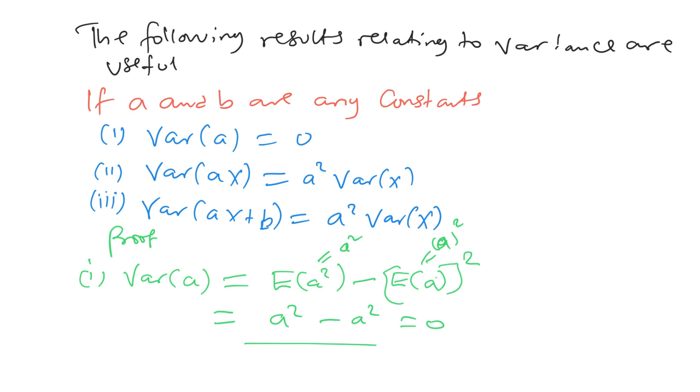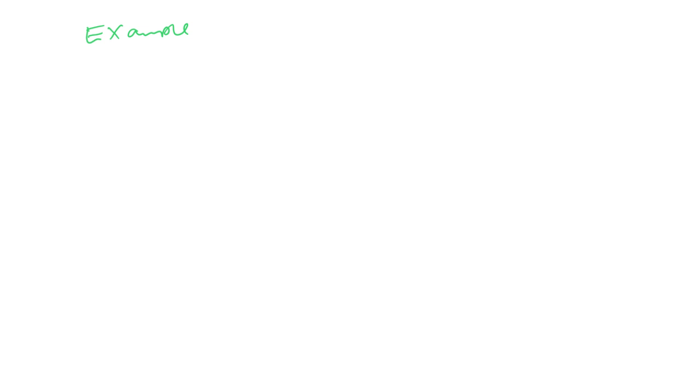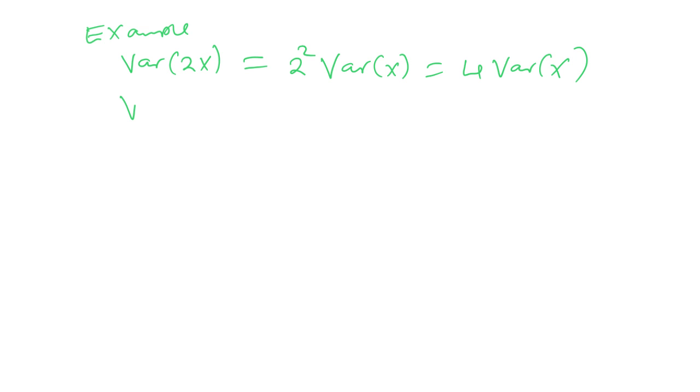Okay, an example concerning what we have just discussed. If you are required to calculate the variance of 2 times the variable, you write this as 2 squared times the variance of x, which is 4 variance of x. If you are given the variance of 2x plus 3, this is going to be 2 squared times the variance of x.